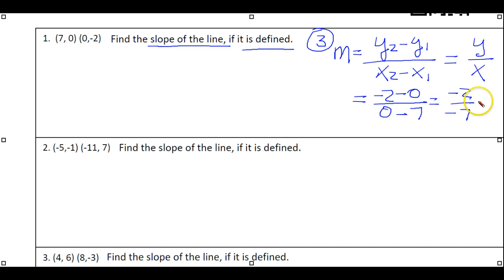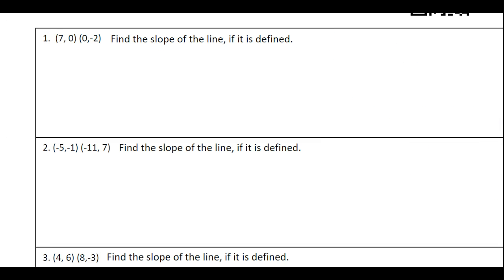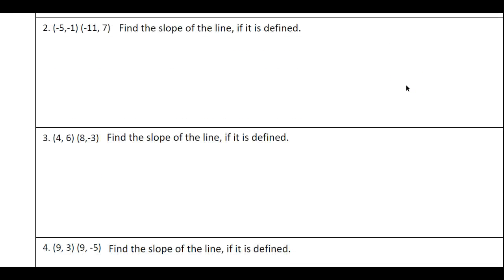And since they're both negative, this becomes a positive 2/7 for example 1. Now let's take a look at examples 2 and 3, and we'll have you work on those yourself. Now write the formula out. That'll help you to memorize it.